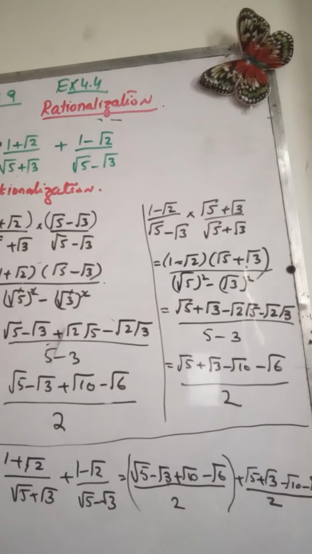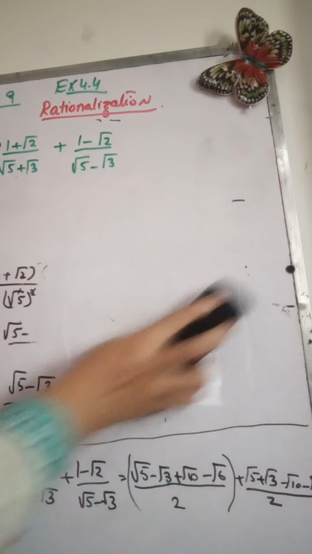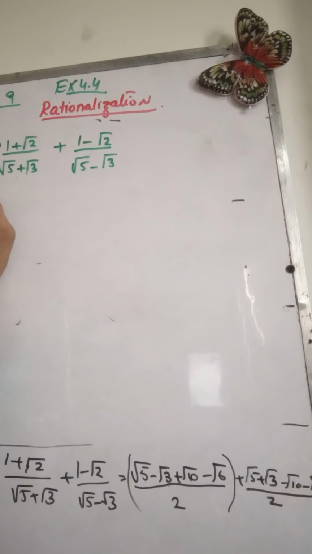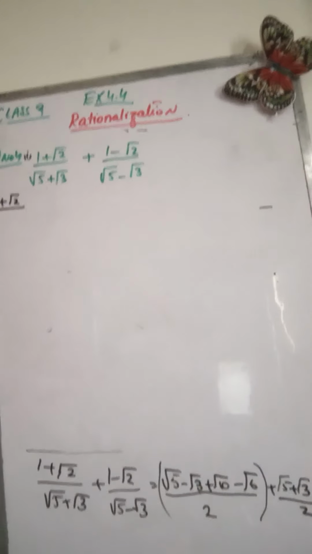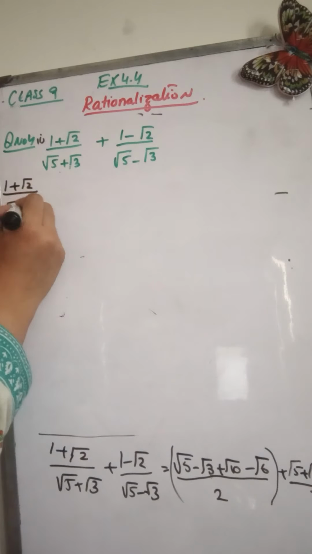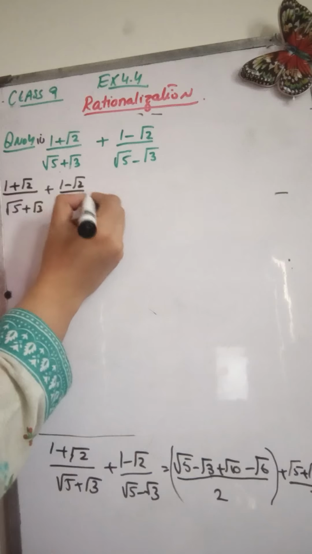Okay. Now after this step I am going to do the next step over here. Writing down this step again, we are going to get 1 plus under root 2 over 1 over under root 2 under root 5 plus under root 3 plus 1 minus under root 2 over under root 5 minus under root 3.